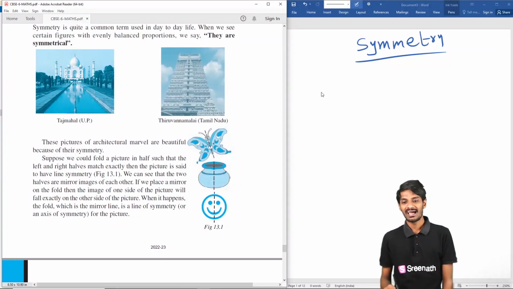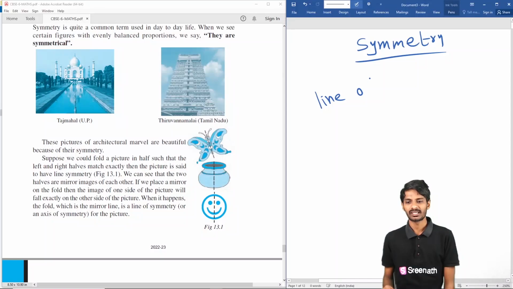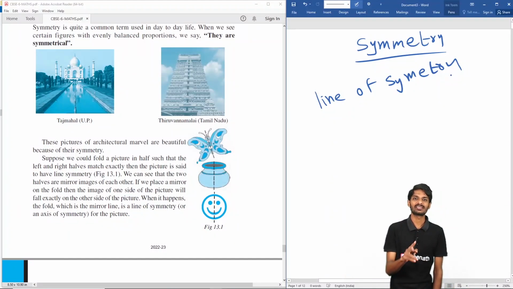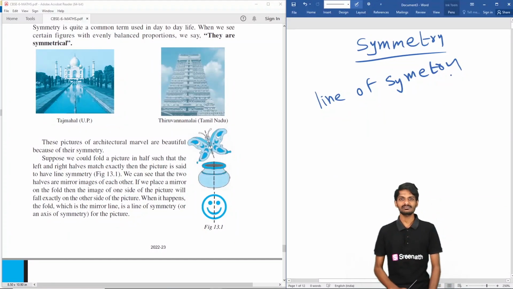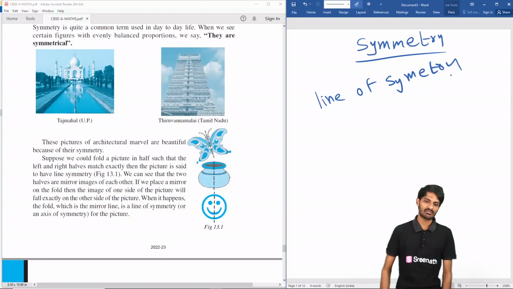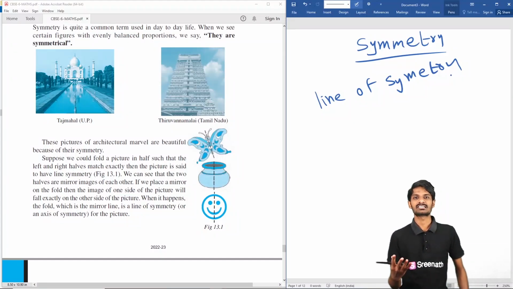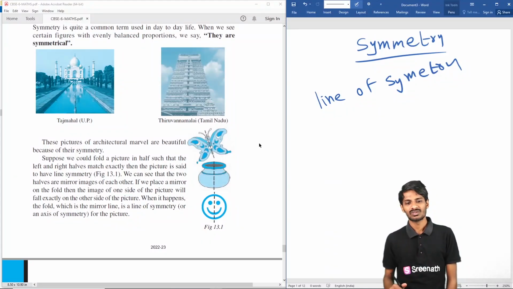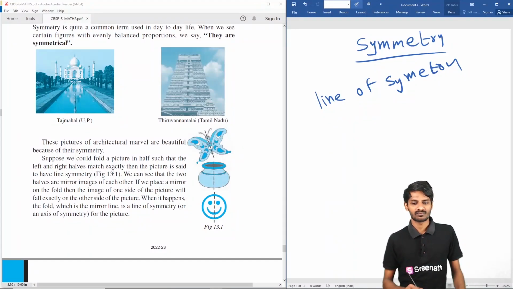If you fold anything or cut anything along the line of symmetry, both sides of this line of symmetry are the same, and you will see the beauty of the symmetry of the object. So that is the line of symmetry, the axis of symmetry.